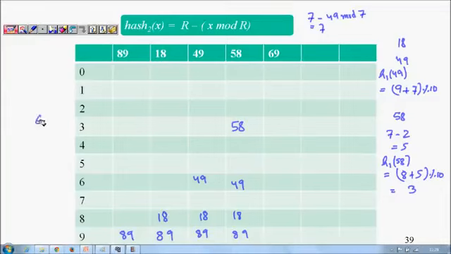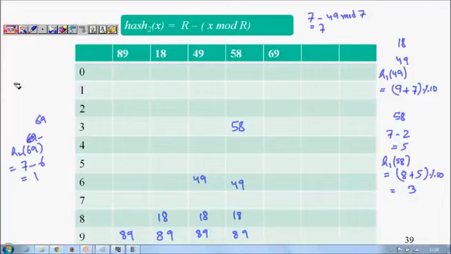Finally, let's try to insert 69. 69 modulo 10 is 9, and again this place is already filled. So we find hash2(69), which is 7 minus (69 modulo 7). 69 modulo 7 is 6, so it is 1.